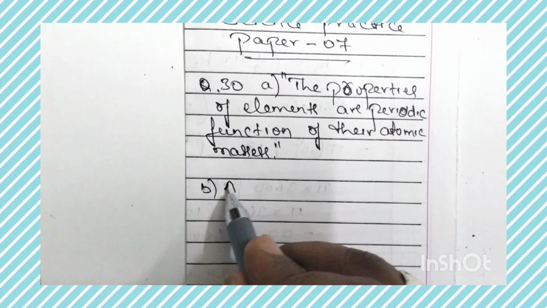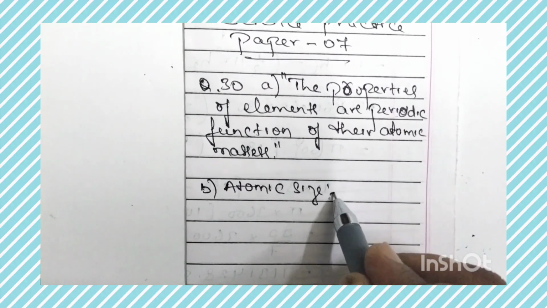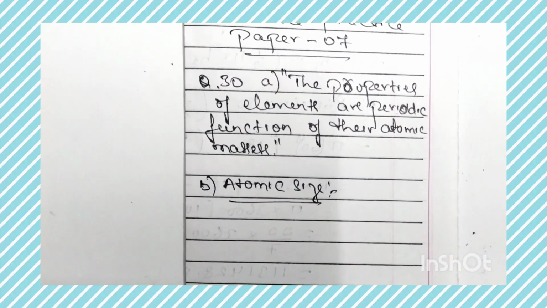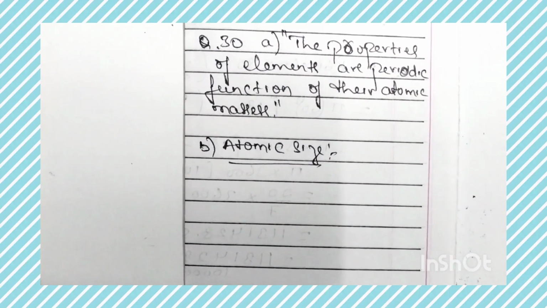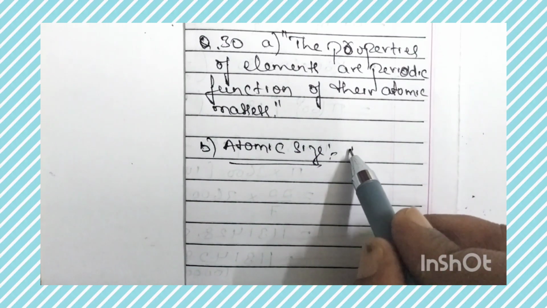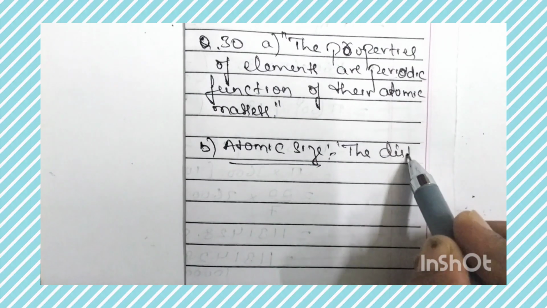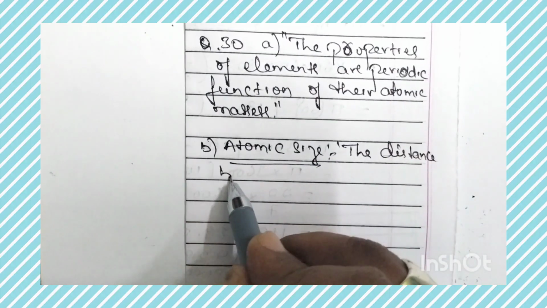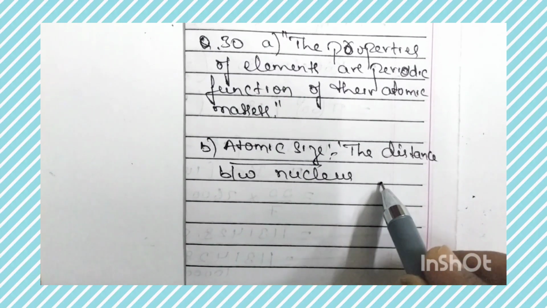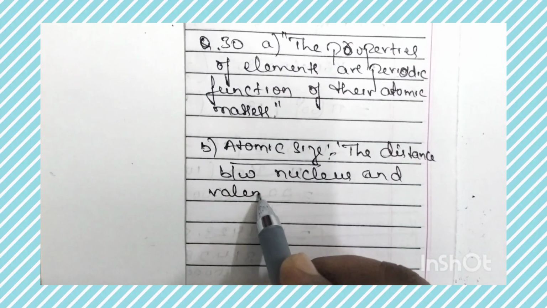Now let us answer the second question, that is what is atomic size and how does the atomic size vary when we move from left to right, that is when we move across the period. So atomic size is defined as the size of an atom, or it is defined as the distance between the nucleus of an atom and the valence electron.